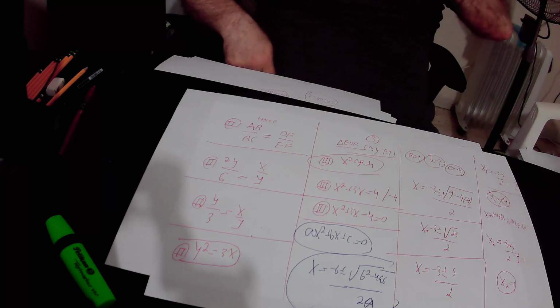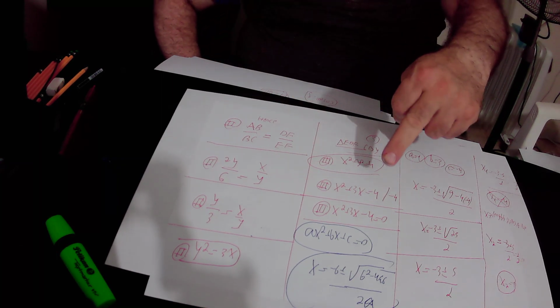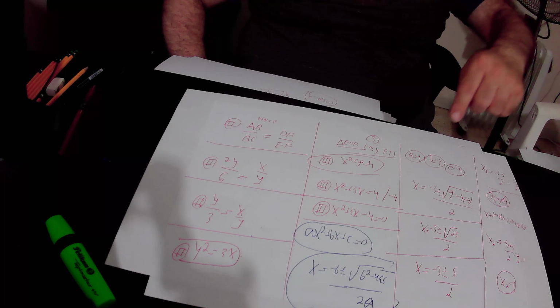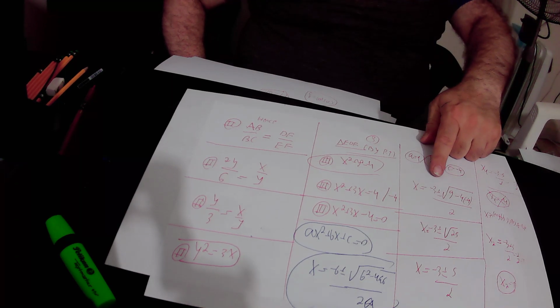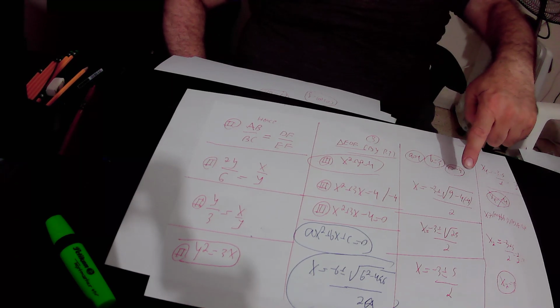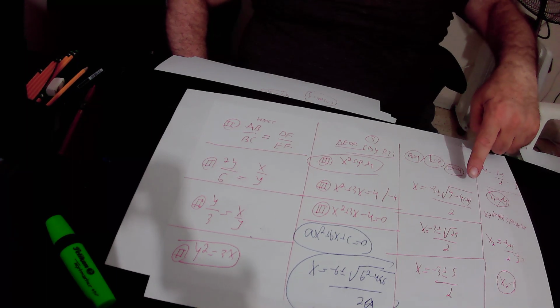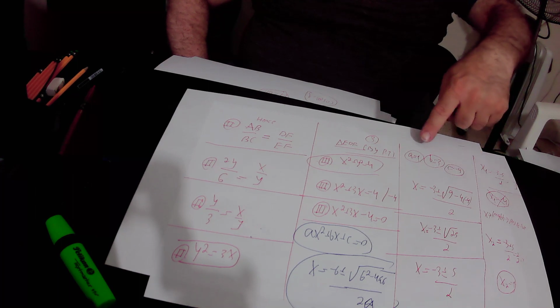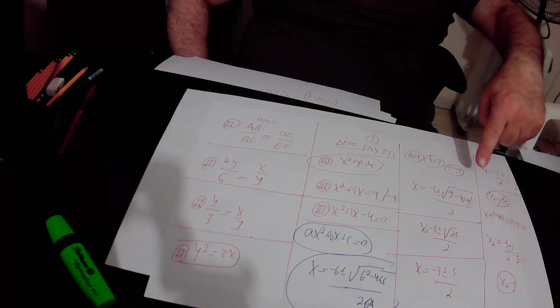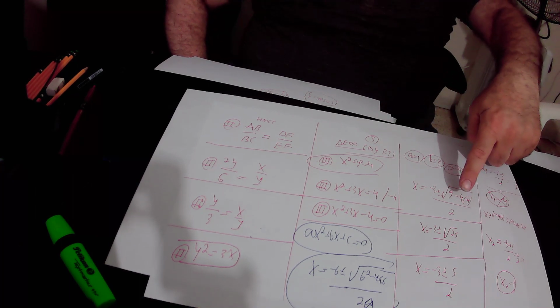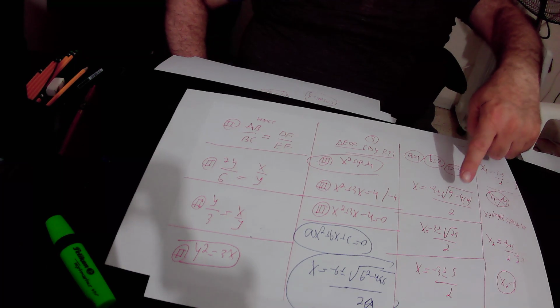So we put the data inside the formula for X, and we found out that X equals minus B, B is 3, so minus B is minus 3, plus minus the square root of B squared. B is 3, so B squared is 3 squared, that is 9, minus 4 times A, which is 1, and C, which is minus 4, over 2A. A is 1, so 2 times 1 is 2.